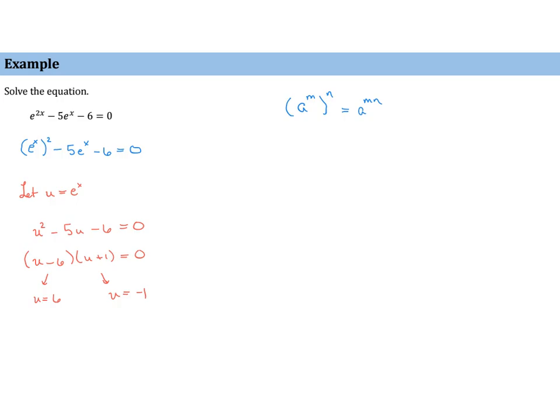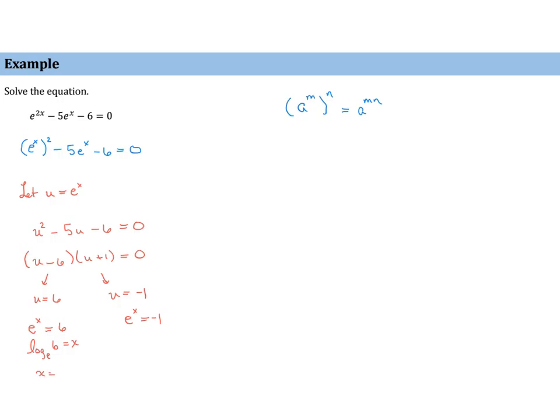But what is u? u is e to the x. So we have e to the x equals 6 or e to the x equals negative 1. If we convert this to a logarithm, we obtain log base e of 6 equals x. But log base e of 6, we would not say that, we would say natural log.